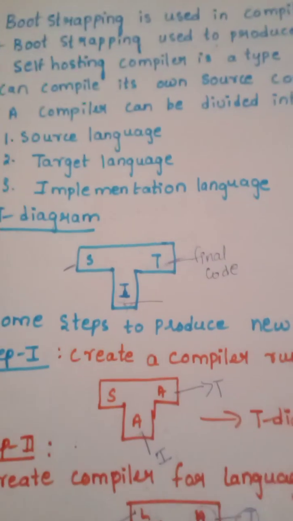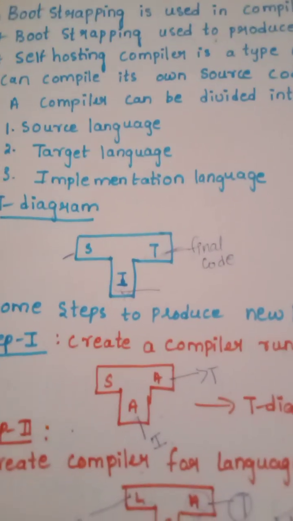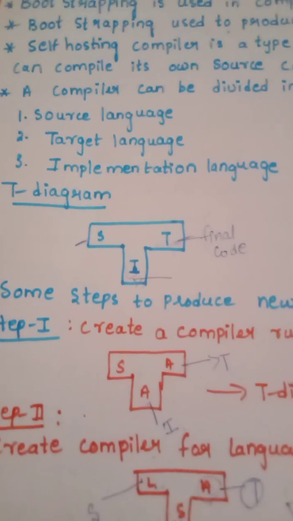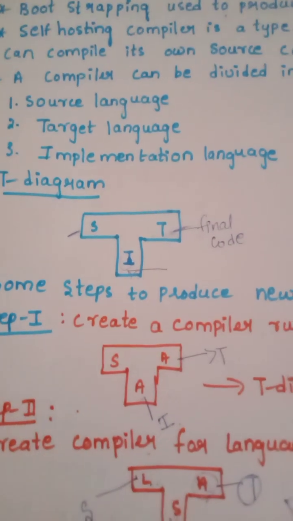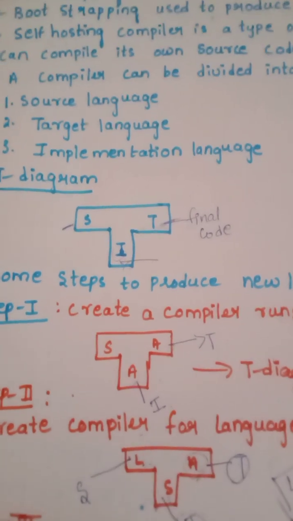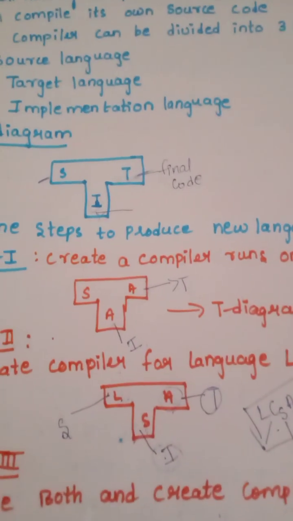So what we did in bootstrapping: bootstrapping is used in compilers, specifically self-hosting compilers, and it involves three languages: source language, target language, and implementation language. We have seen the T diagrams, with the source, implementation, and target, and in three steps we created the T diagrams.